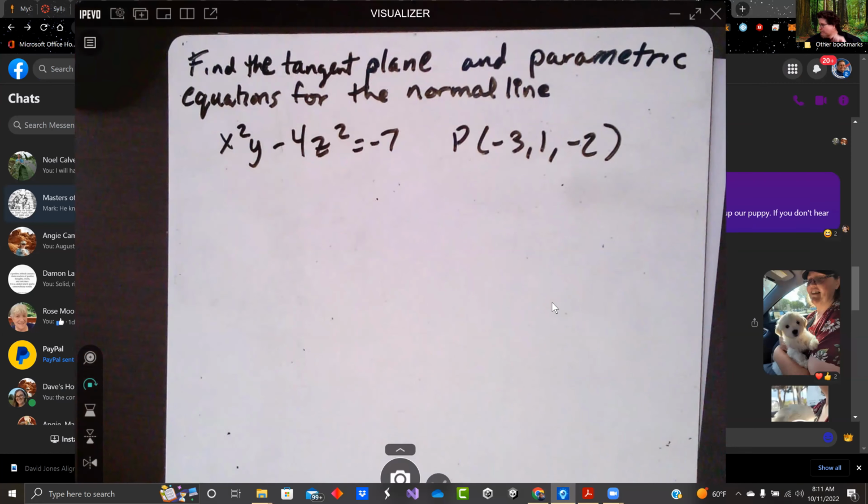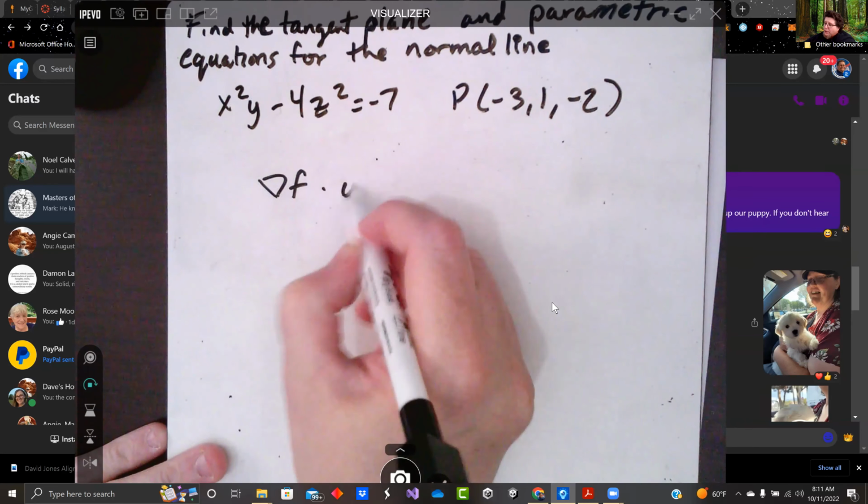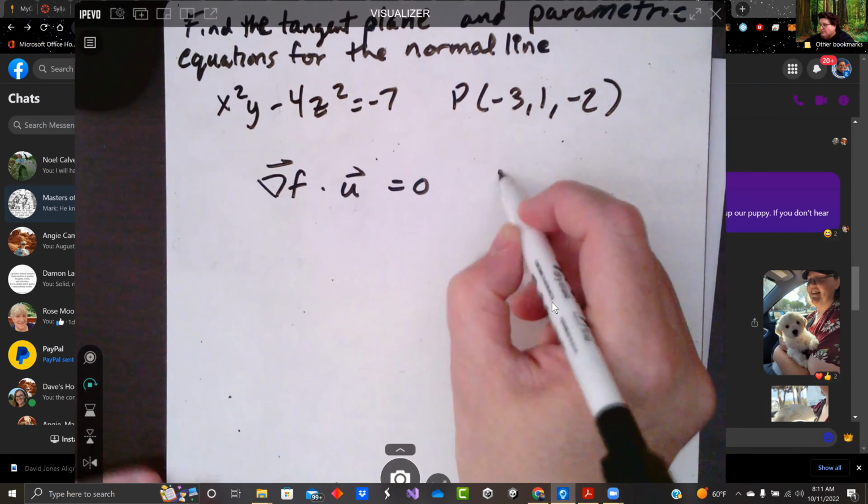So 13.7 is on using gradients to find tangent planes. Just like when we were doing the gradient of f dotted with u equal 0 showed level curves.